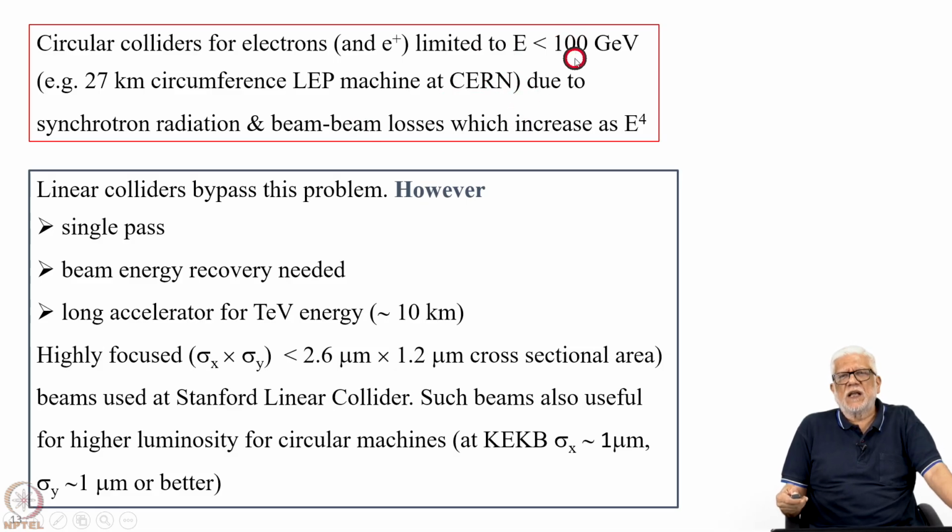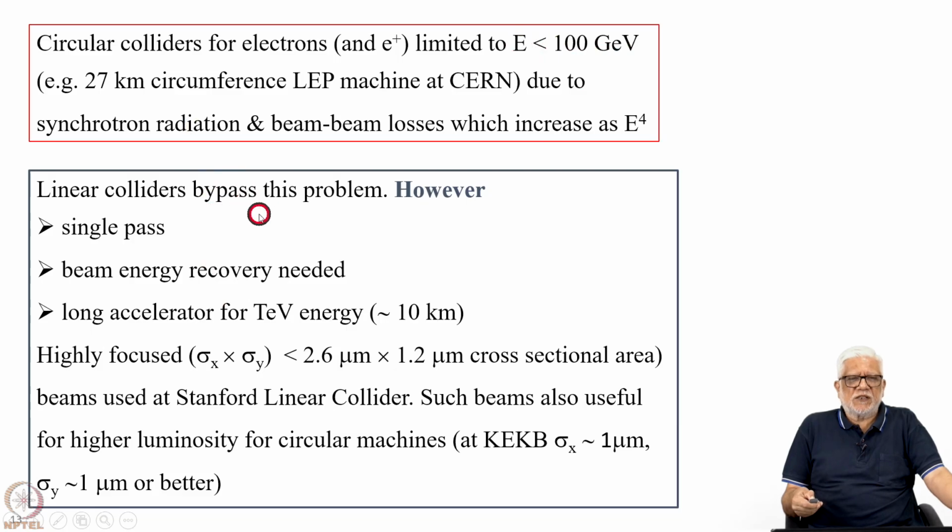I mean, they went slightly higher than that, I think up to 110 GeV or so. But at the highest energies, you get radiation loss. The energy of the electrons and positrons damps because of synchrotron radiation. Also, due to beam interactions, you have losses, and these increase as E to the 4. So, it is a very high power of E. So, you can't go much beyond this 100 GeV or so.